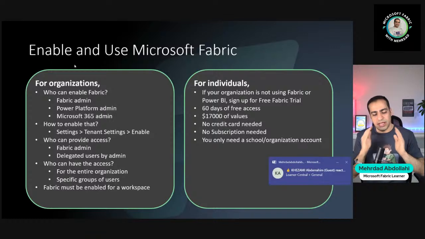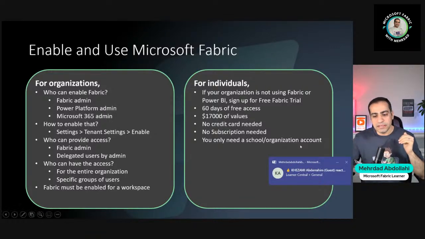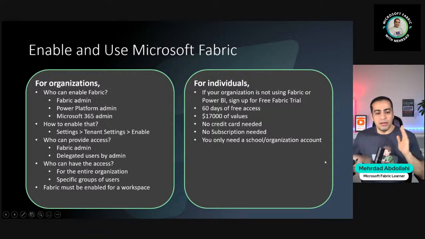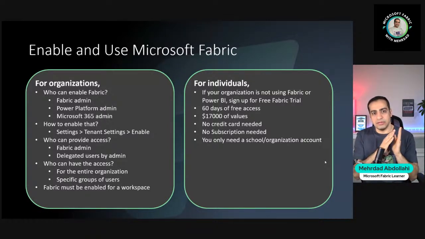Who can enable Fabric? Basically, Fabric admins can do that. Power Platform admins and Microsoft 365 admins can enable Fabric for the organization. How to enable that? They can just follow this row of settings, tenant settings, and then from there enable that.